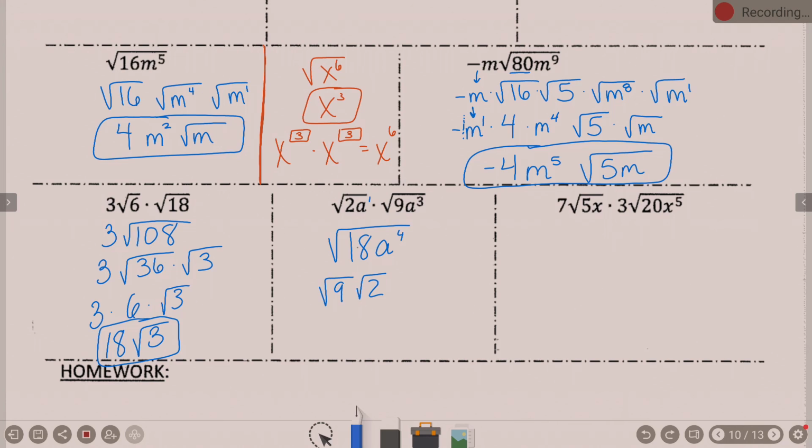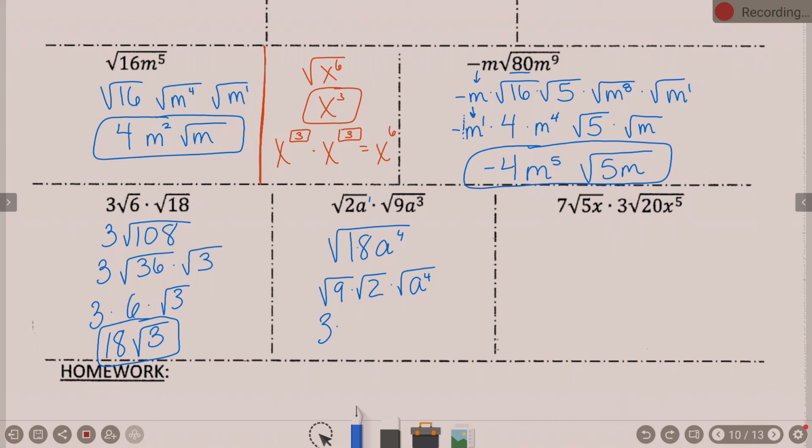But I'm trying to teach you the same process: multiply and then separate. What about a to the 4th? Can I take the square root of a to the 4th? Yes, because I can divide by 2. Square root of 9 is 3.